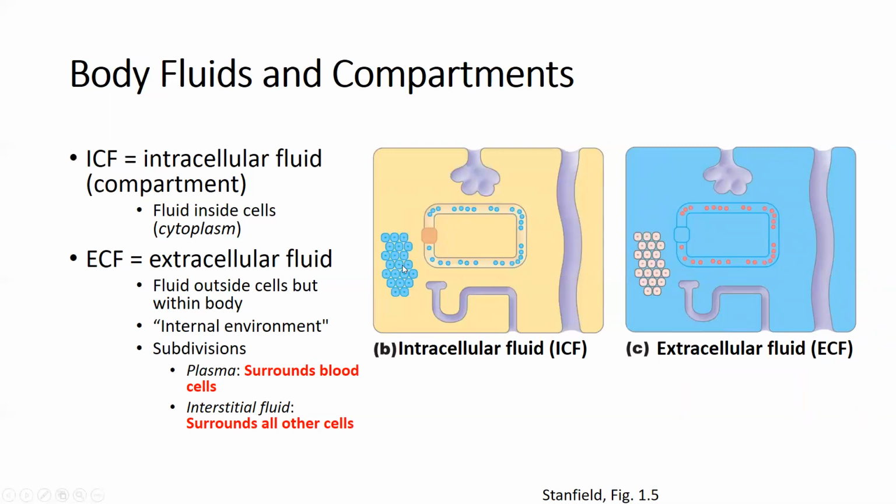All right, so I'll say that again. Your intracellular fluid is everything inside your cells. Your extracellular fluid is within your internal environment, but it is not inside the cells, right? It's going to be in your tissues, surrounding your tissues. It's called interstitial fluid, or surrounding other cells, as well as surrounding your red blood cells, which we call plasma. Okay? So the ECF has two smaller subdivisions.